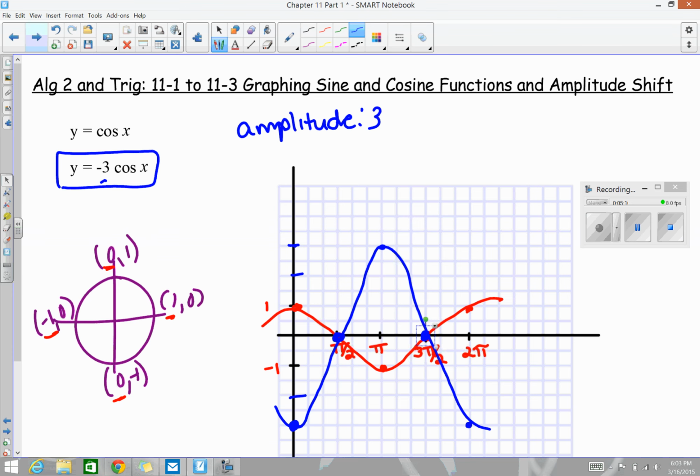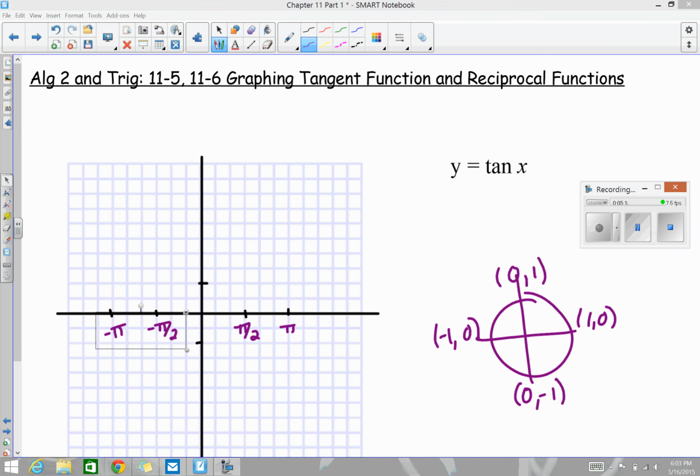Now let's look at tangent. Okay, drew the unit circle again, labeled my graph. This time I did it from negative pi over 2, 0, pi over 2, pi. And this is still negative 1 and 1. All right, tangent is the sine over the cosine.